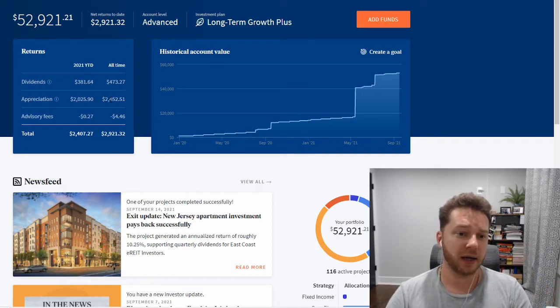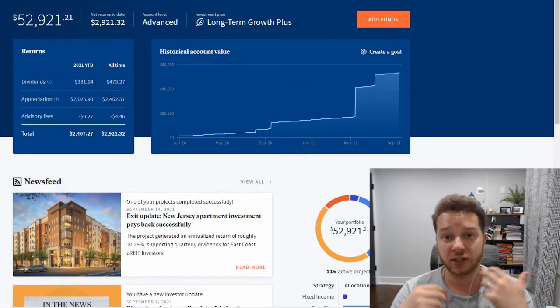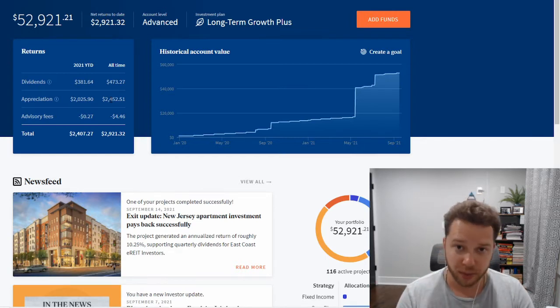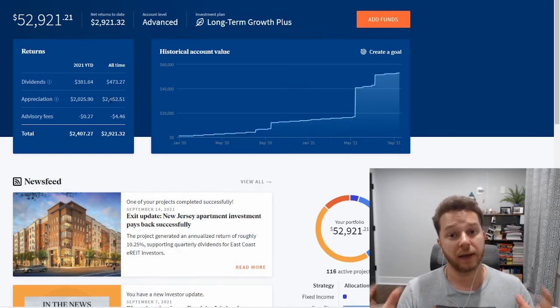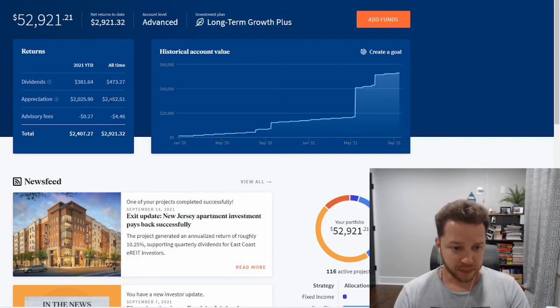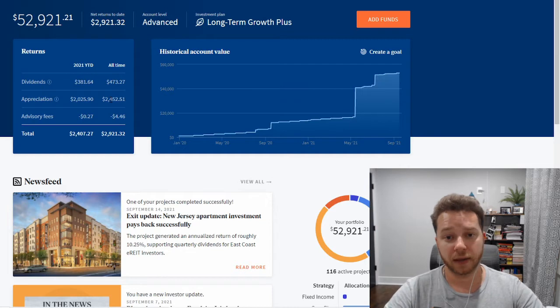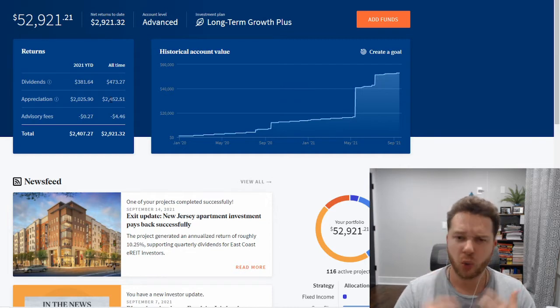Real estate was in a decline. The prices were going down. No one was buying houses, so the sellers had to lower the price, and that caused the appreciation to go down.